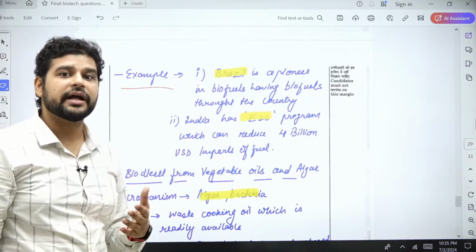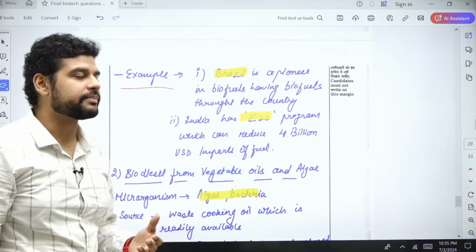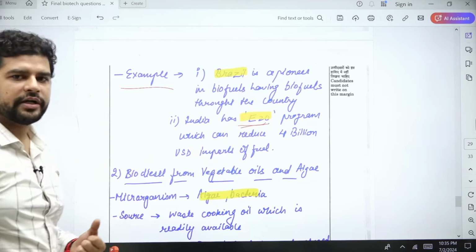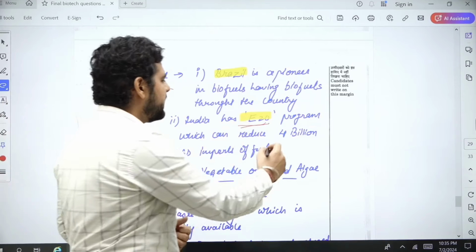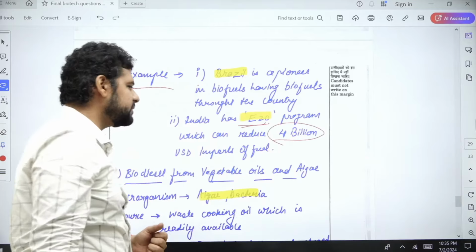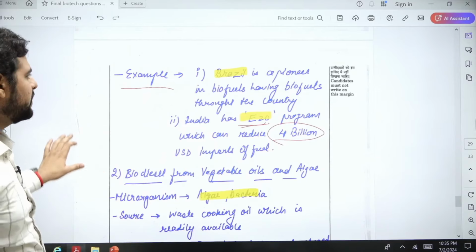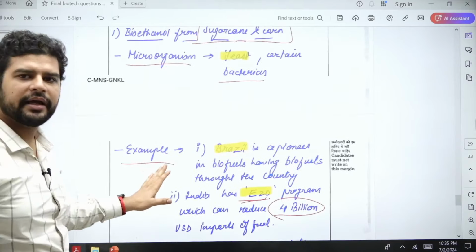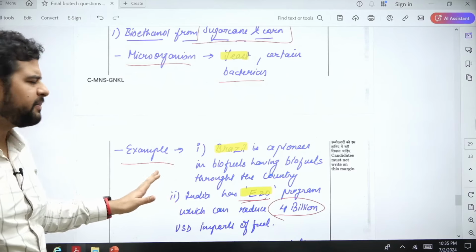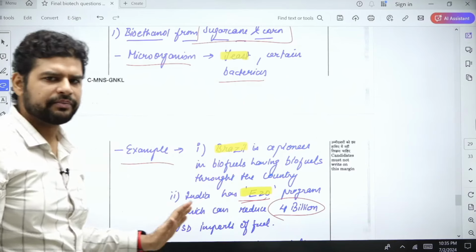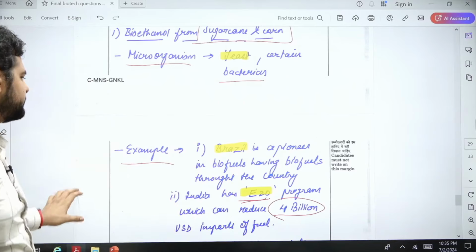They are actually the second largest producer after USA. India has the E20 policy also, and according to an answer in the parliament, it can reduce $4 billion of fuel imports, right? So all these things are there. Here you can write the benefit or usage or whatever, but I have just clubbed it under example. It is much easier to write in this way. Don't try to complicate things.